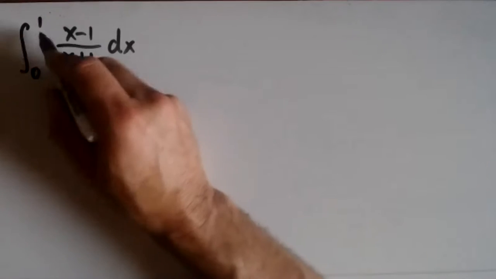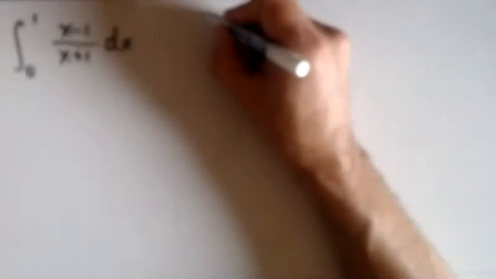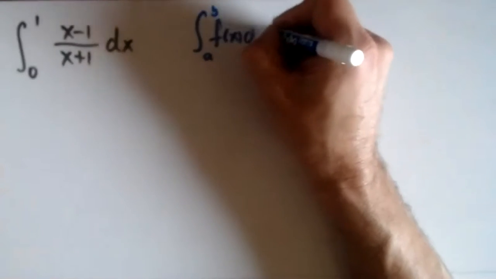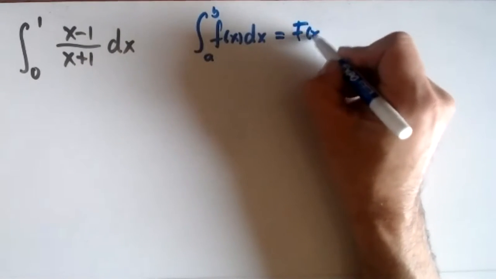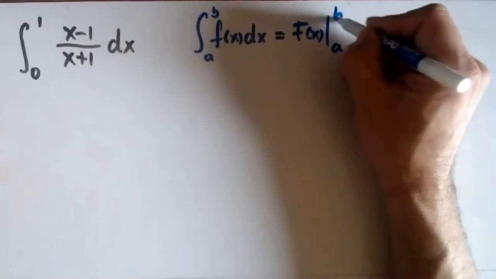Now this is a definite integral, remember? The definite integral in calculus was this one. If you have to integrate from a through b a function, what you have to do is find the antiderivative of the function, this one, and then you evaluate from a through b.